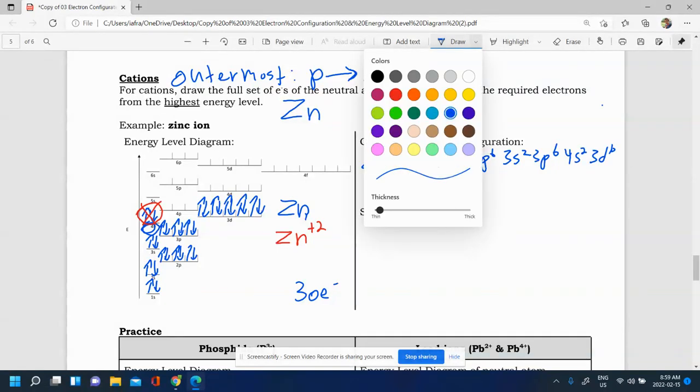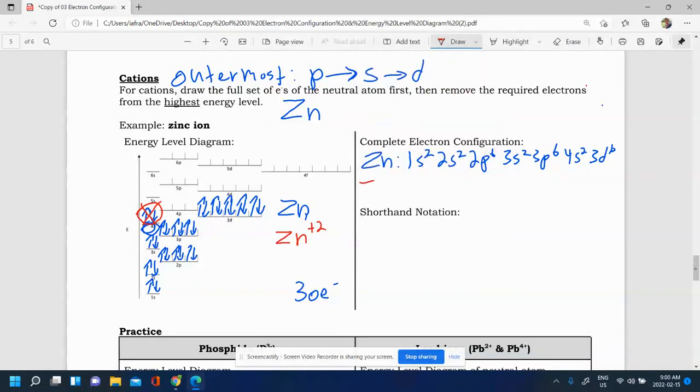And then to make the zinc +2, we want to remove from here. So we're basically just going to remove that 4s2 there. And we're going to have 1s2, 2s2, 2p6, 3s2, 3p6, 3d10.